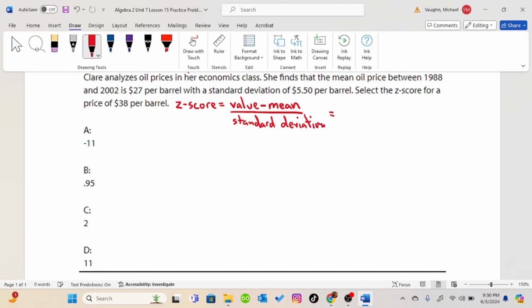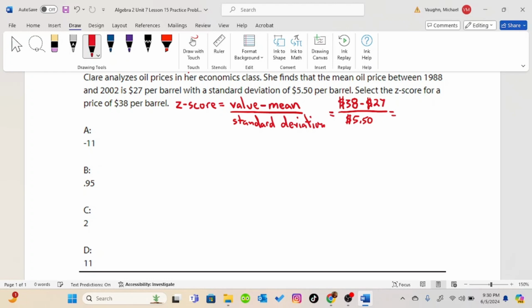So, in this instance, our value is $38. Our mean is $27, and our standard deviation is $5.50.